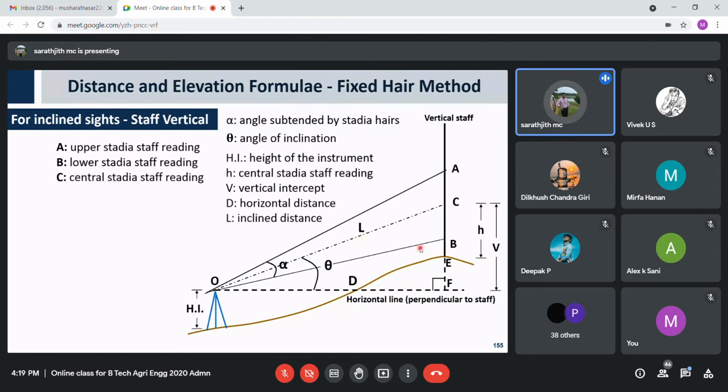There are other terminologies. First, let us see H. H is the central stadia staff reading corresponding to C, the height from that reading to the base of the staff. V is the vertical intercept with respect to the horizontal. D is the horizontal distance which we want to measure, and L is the inclined distance.